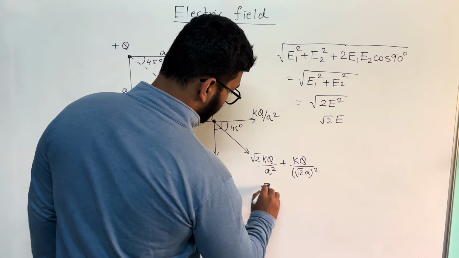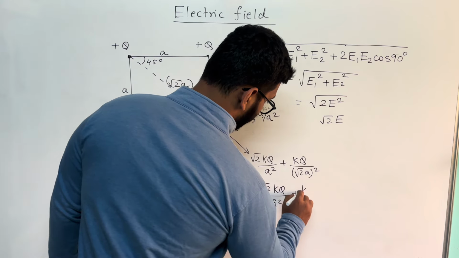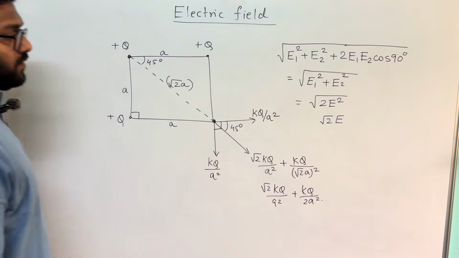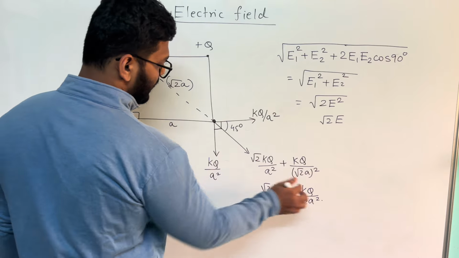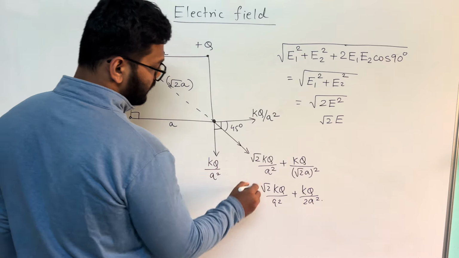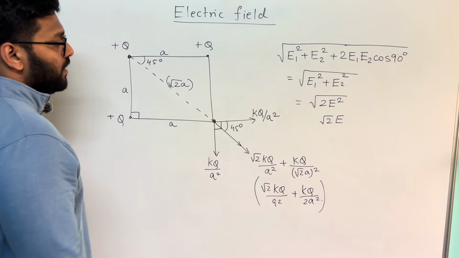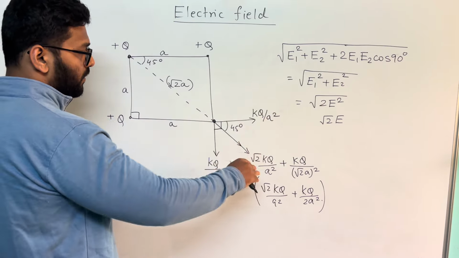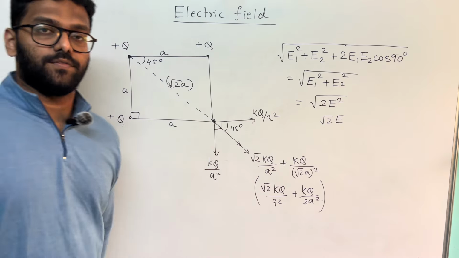Now the net field will be root 2 kq by a square plus kq by 2a square, right? So I think this is 1.4 times and this is 0.5, so this is lesser. So this is the net electric field and the direction is along this, 45 degree clockwise to the x-axis. Okay, this is the net electric field, right?